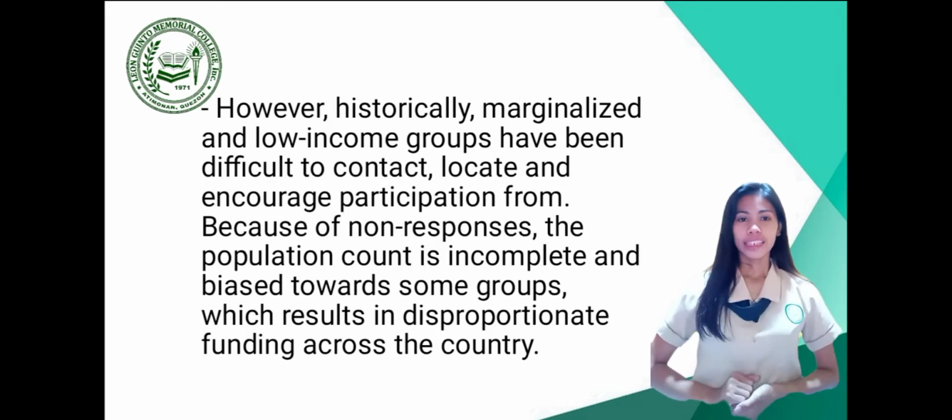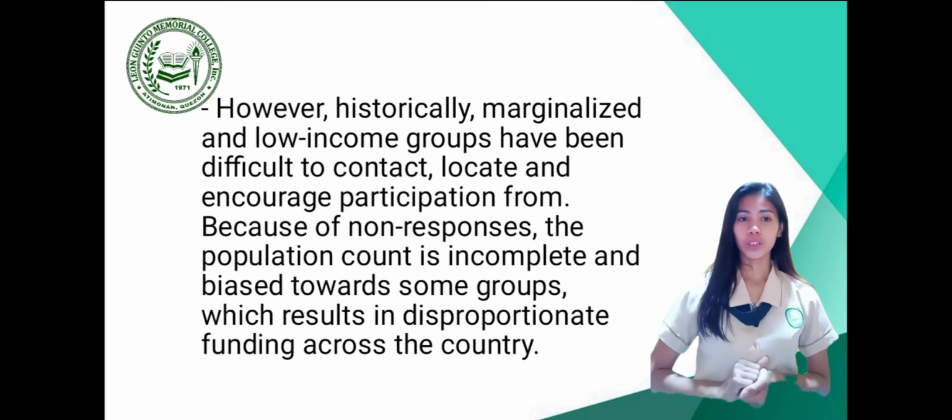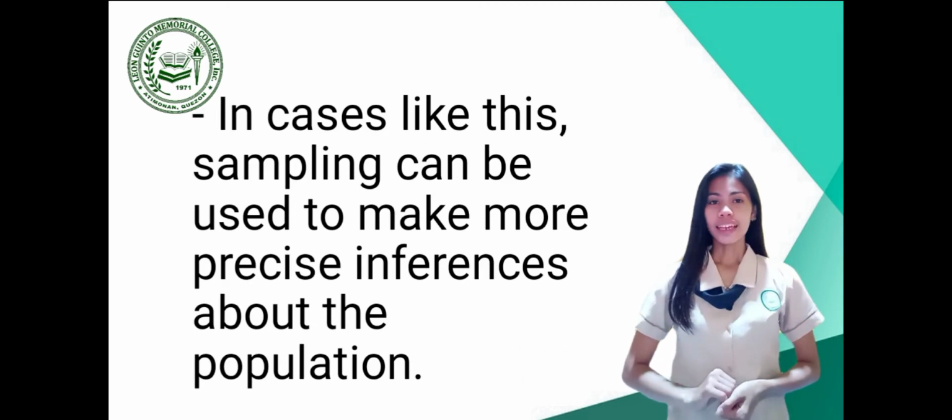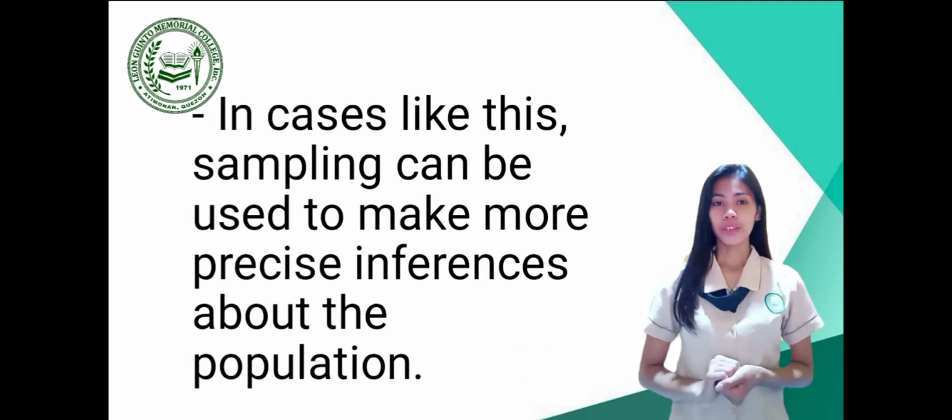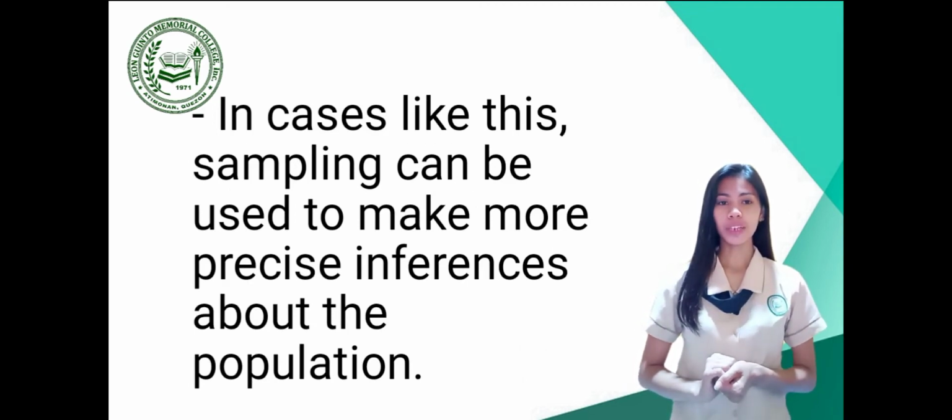However, historically marginalized and low-income groups have been difficult to contact, locate, and encourage to participate. Because of non-response, the population count is incomplete and biased towards some groups, which results in disproportionate funding across the country. In cases like this, sampling can be used to make more precise inferences about the population.